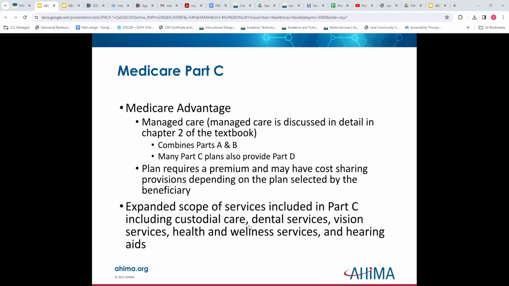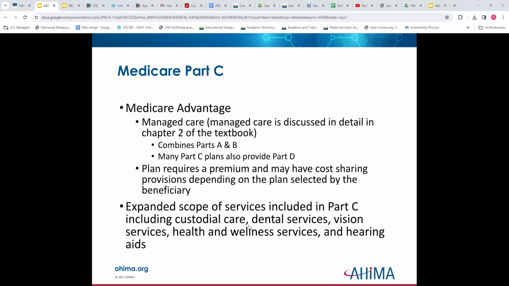Part C, commonly referred to as Medicare Advantage, is a managed care product. And basically what happens is it combines both Part A, the hospitalization, and Part B. Many Medicare Part C plans also provide some Part D coverage.